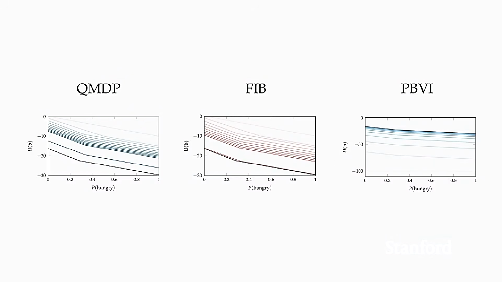Why do we specifically take the lower bound for point-based value iteration, not the upper bound, and vice versa for QMDP? Good question. So the question was, for QMDP and FIB, why do we initialize to an upper bound, whereas for point-based value iteration, we initialize to a lower bound? Basically the general idea is that for QMDP, we already know that it's going to converge to an upper bound because we know that we can't do better than the full observability case.